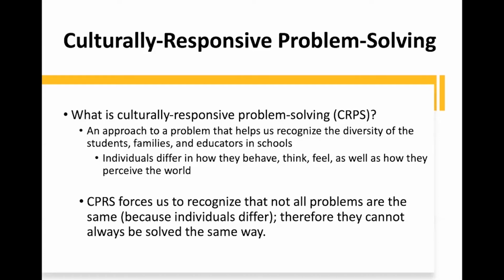That we have to recognize that with diversity comes difference in how we think, feel, behave, perceive the world, all of those things. We bring those perspectives as educators, our families, our kids, our community members, they're all coming together, right? And it's important for me to say that culturally responsive problem solving is not just about, oh, this is something I need to think about when I'm serving Black students.